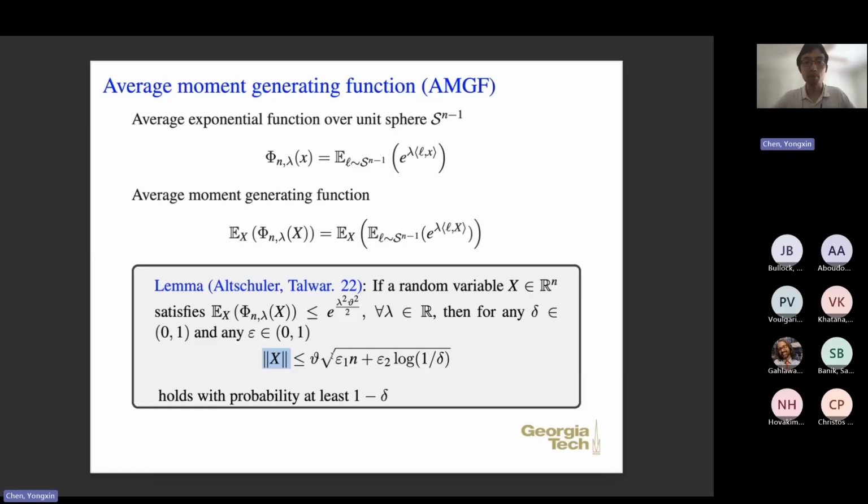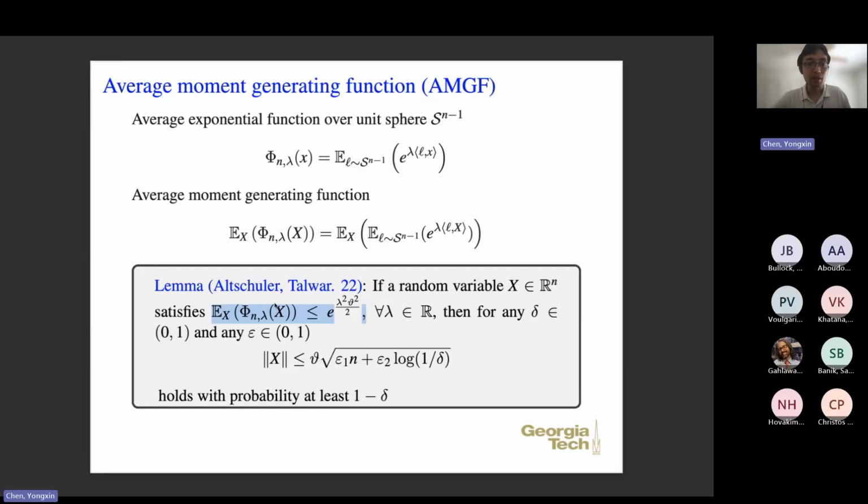Actually, I skipped the proof. Even if you satisfy this assumption, you can still ensure this norm is bounded exactly the same as for a sub-Gaussian. I'm not sure if I can say this clearly, but the proof is extremely simple. If this condition holds, roughly what you are saying is, I take a random unit matrix U. Let's say X is my random variable.